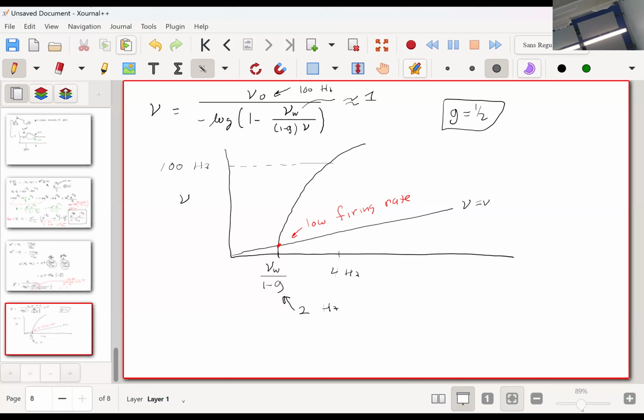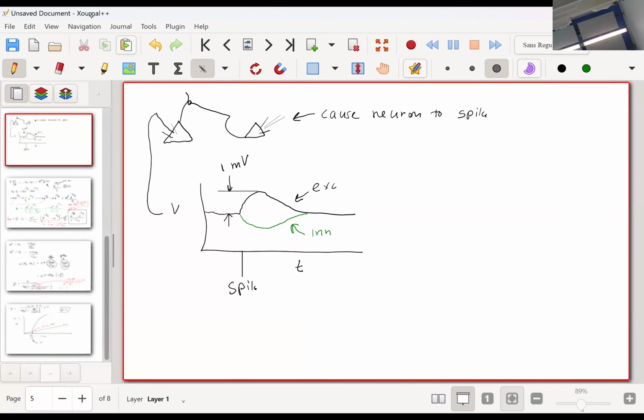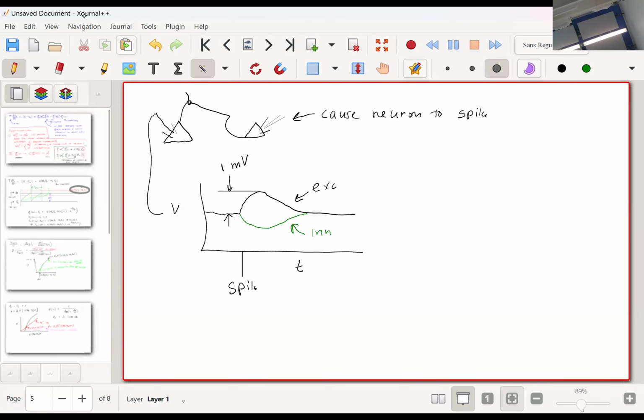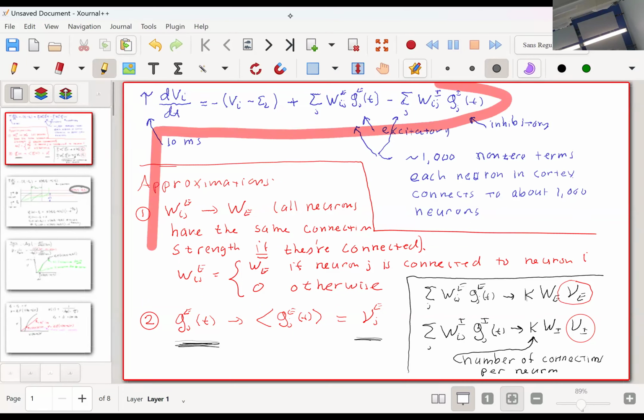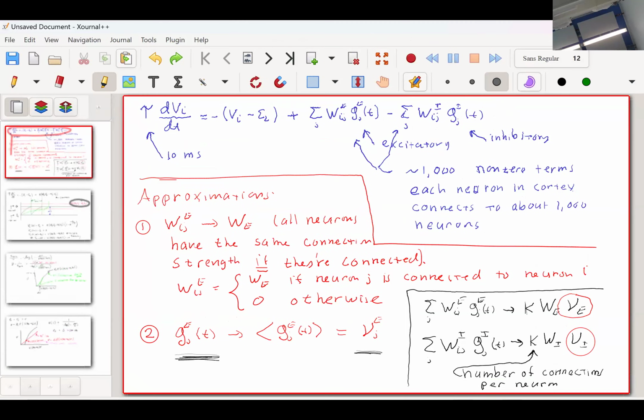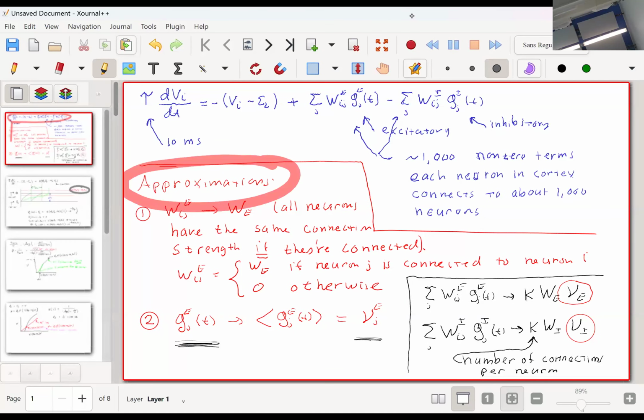Okay, so this is a picture, right? Basically, the analysis was kind of complicated, but in some sense we didn't do that much. We started with this equation here. We made some approximations that look pretty severe, but we'll be able to drop those.